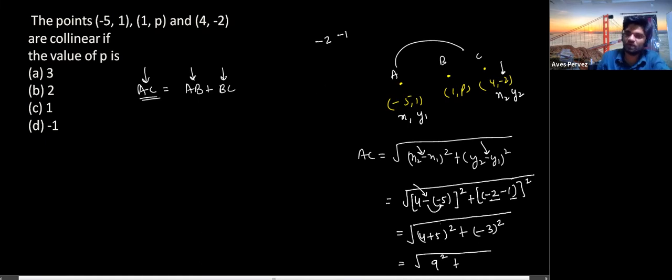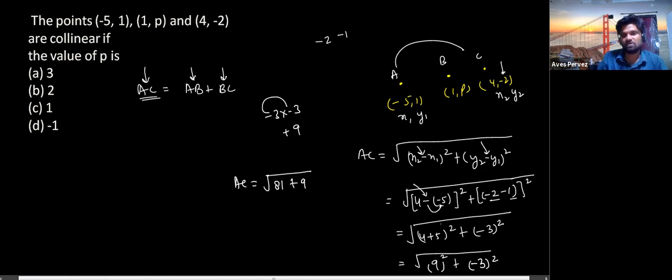It is 9. Let me write it in square form first so that you may not get confused: 9 whole square plus -3 whole square. Then AC will be equivalent to what? Under root of 9 square is 81, and again 9, because -3 multiplied with -3, minus gets plus, and 3 multiplied by 3 is 9. So this will be 90.